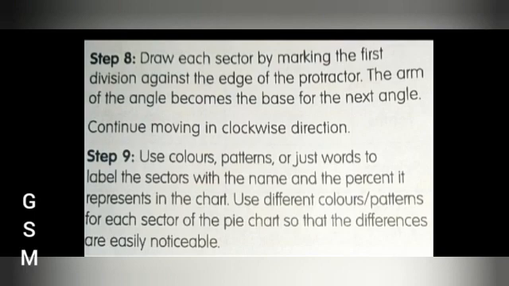Draw each sector by marking the first division against the edge of the protractor. The arm of the angle becomes the base for the next angle. Continue moving in clockwise direction. Step 9. Use colors, patterns or just words to label the sectors with the name and the percent it represents in the chart. Use different colors or patterns for each sector of the pie chart so that the differences are easily noticeable.